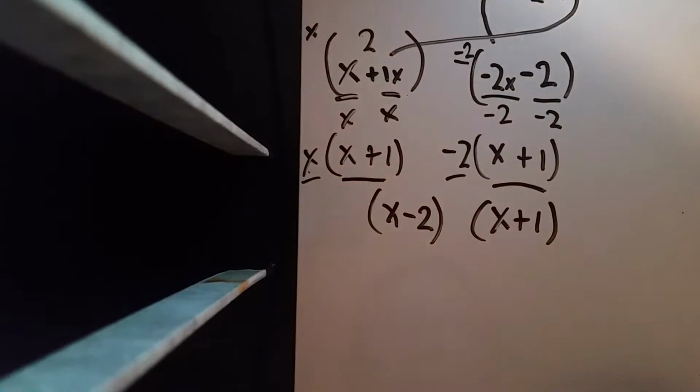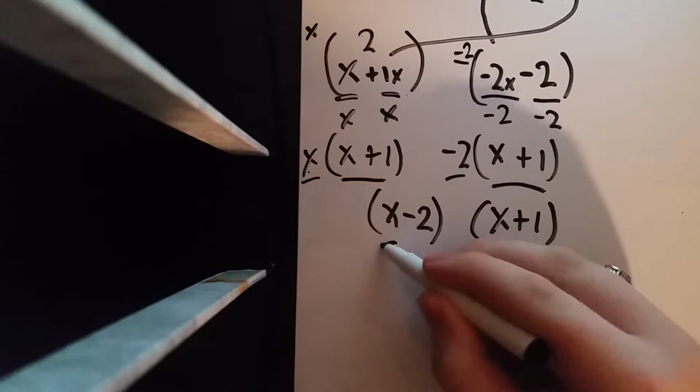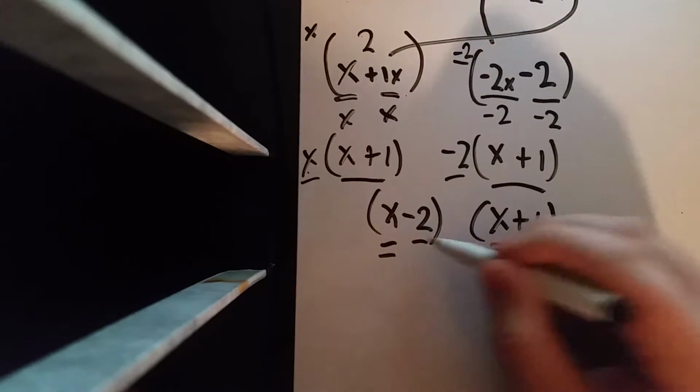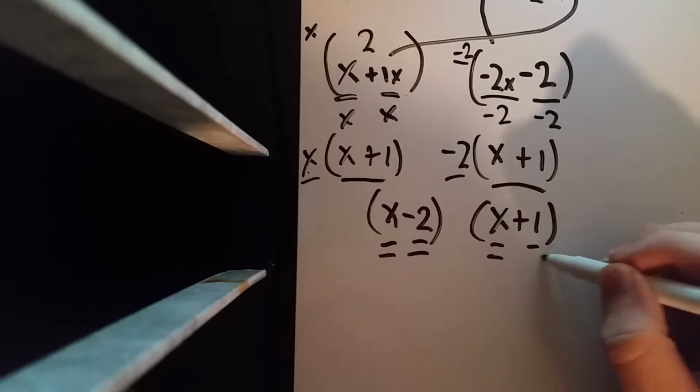And we can check this by FOILing, which is multiplying the first numbers, the outer numbers, the inner numbers, and then the last numbers.